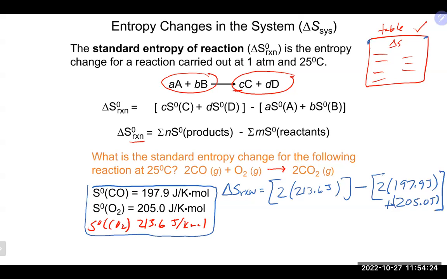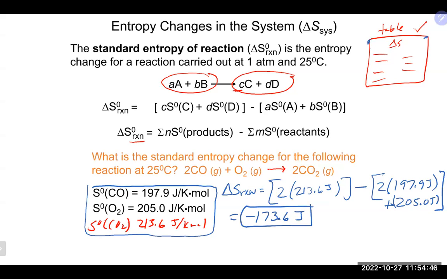Big bracket over that. If we do all that, 2 times 213.6 minus 2 times 197.9 plus 205, we end up with a minus 173.6 joules here.